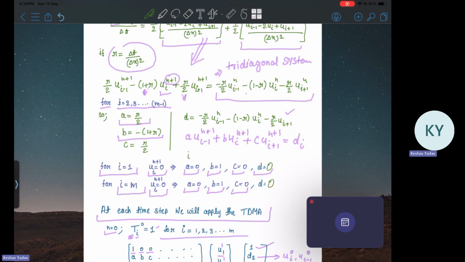At i equal to 1, my a is 0. Similarly, at i equal to m, the maximum value at the last grid point, my a is 0.